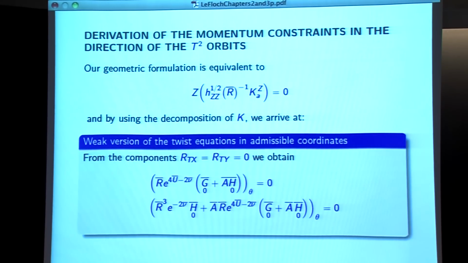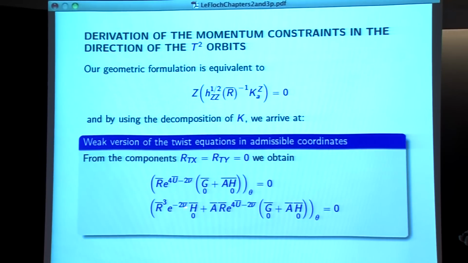If we look at our decomposition of the second fundamental form that I showed, in coordinates, it means two equations which are quite simple, because they tell you that some algebraic quantity of the time derivatives of g and h and the algebraic metric coefficients, some combination of that, is constant in theta, and here a similar quantity is also constant in theta.